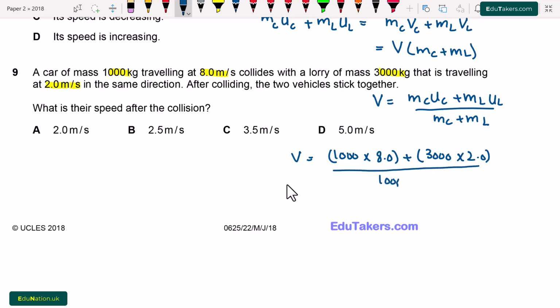So it will be 1000 plus 3000. So the value of V will be equal to 3.5 meter per second. Now we see the options. Option A 2.0 meter per second, B 2.5 meter per second, C 3.5 meter per second. So option C is correct.